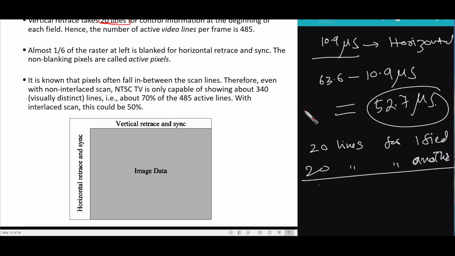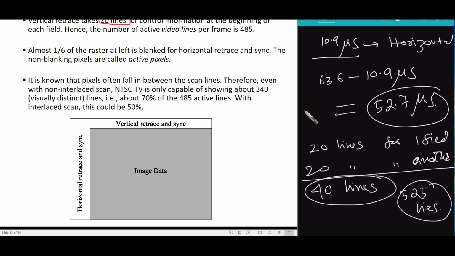So that means we can actually scan 40 lines less. The total is 525 lines, right? But we can't scan 525 lines. Rather, now we have 525 minus 40 lines.